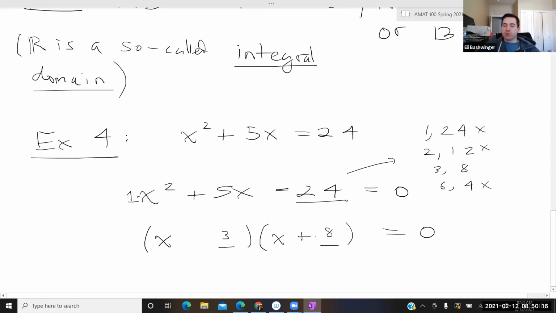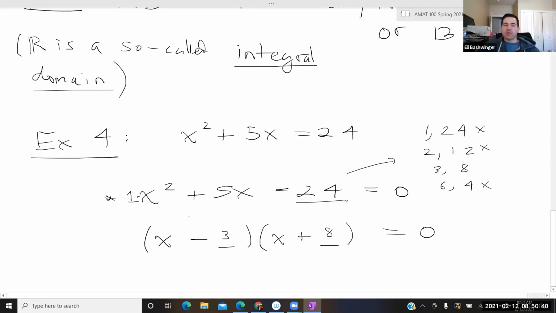So we want this plus sign associated to this 8, and then the negative over here. If you FOIL this back out, you'll get this line right here, because negative 3 times 8 gives you the negative 24. But when you take the sum of these two, you get the 5 back.